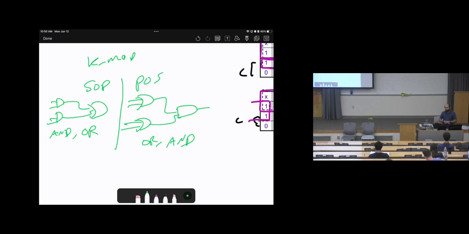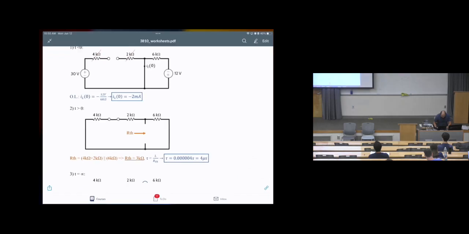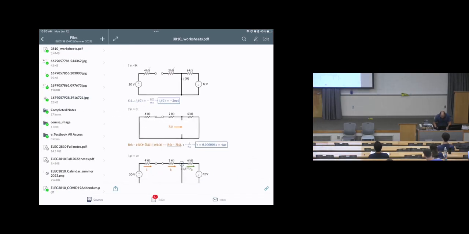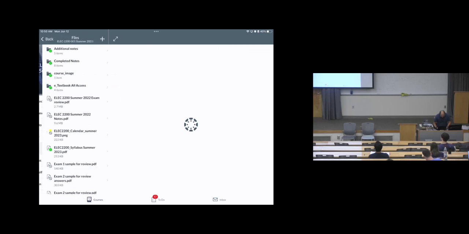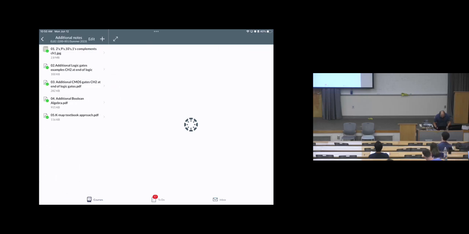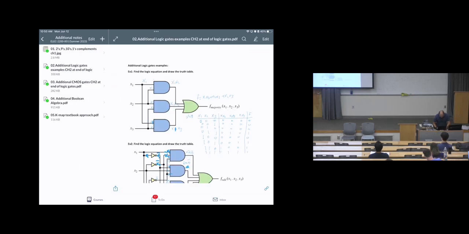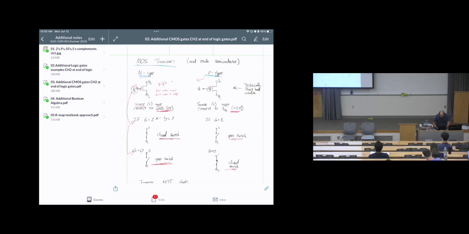I'll show you one, I think it's already in Canvas. I can show you, just recall what I discussed in the past. Files, additional notes about the logic gate. Oh, I think this one, yes.